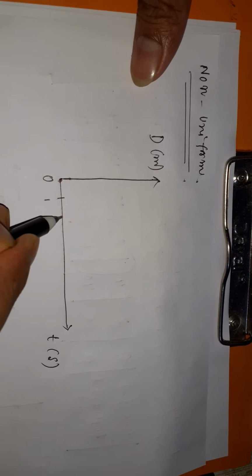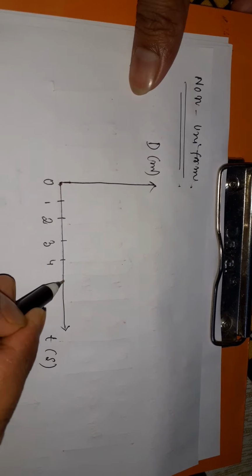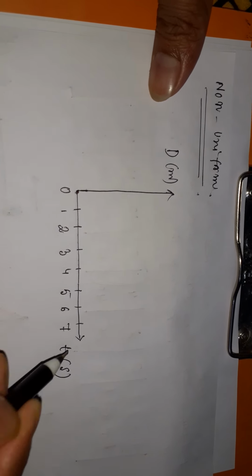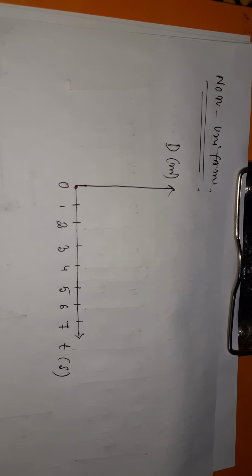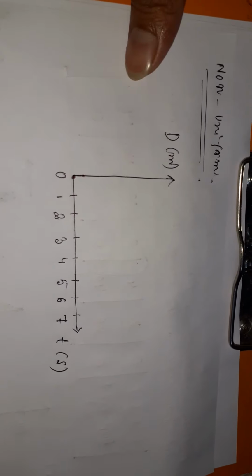Now 1, then 2, 3, 4, 5, 6, and the last one is 7 seconds. Within 7 seconds, what phenomena has happened is given to you. Now this side division is given as 10 meter, 20 meter, 30 meter, 40 meter, 50, and the last one is 60.